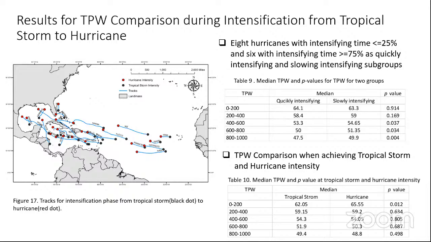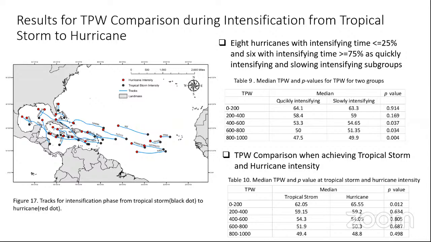And the reason may be due to the time lag effect of the moisture. Since we look at the time from the tropical storm to the hurricane, however, we should look at the moisture advanced to a certain time in this process, because the moisture in the previous time will influence the TC intensification.